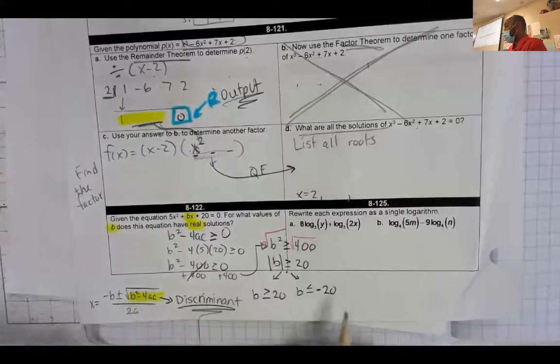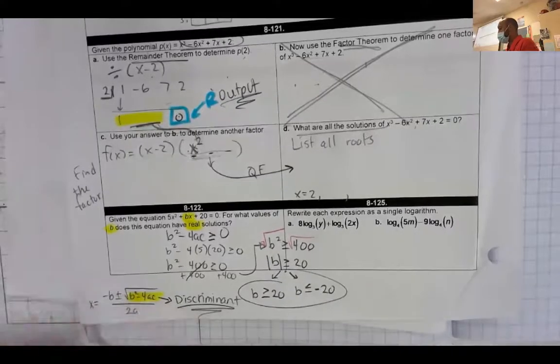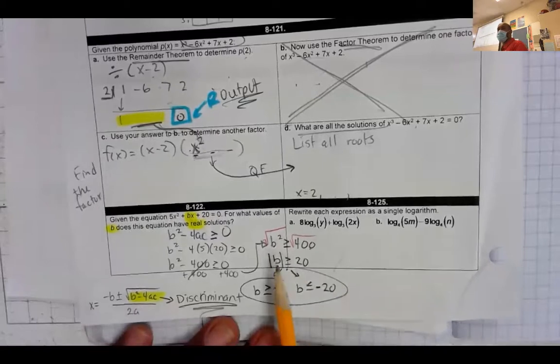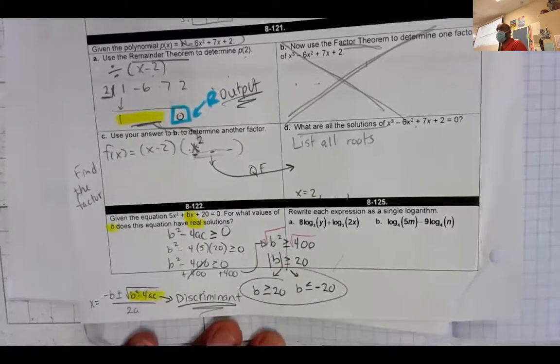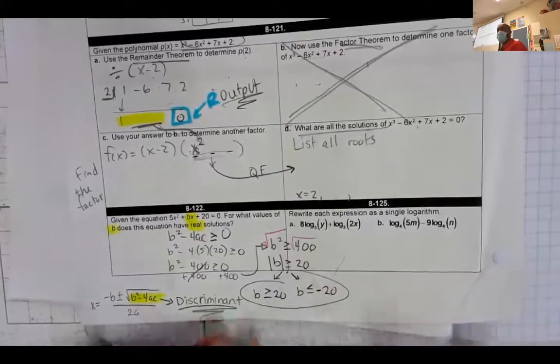So I want a bigger negative. That's why we want to go less than negative 20. Okay, so that would be the answer there. I'm just giving you guys that one basically because I knew that we didn't really do too much with squared types of inequalities. So that's a gimme.